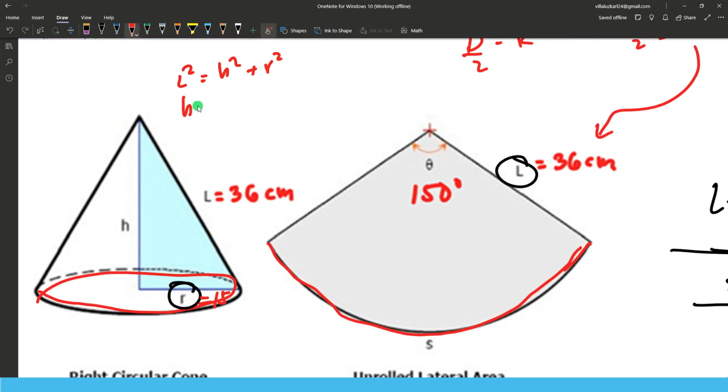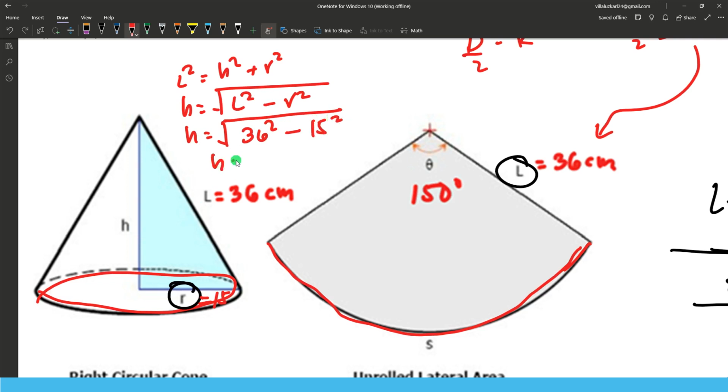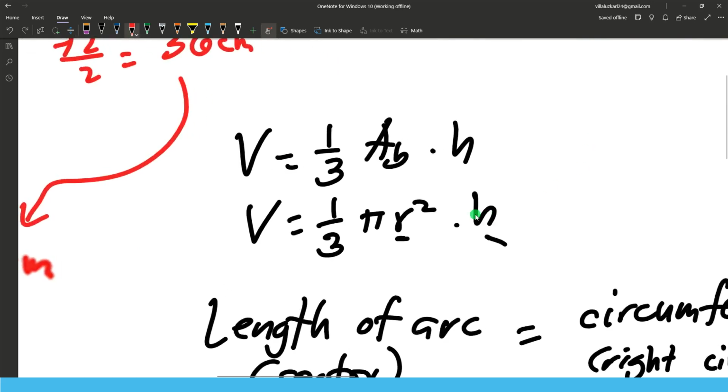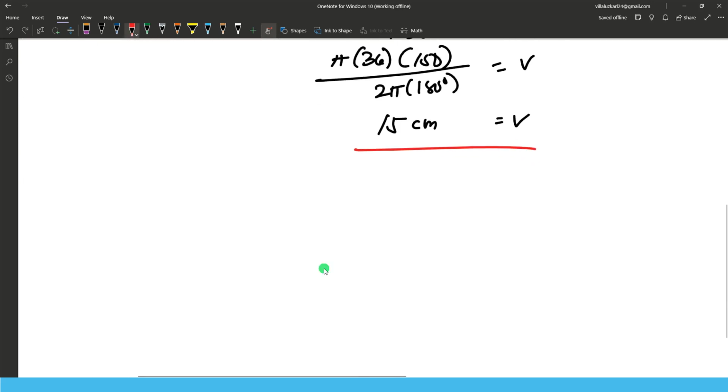So h equals the square root of L squared minus r squared, which is 36 squared minus 15 squared. Your h is 32.726. So we now have h and r, and we can compute the volume.